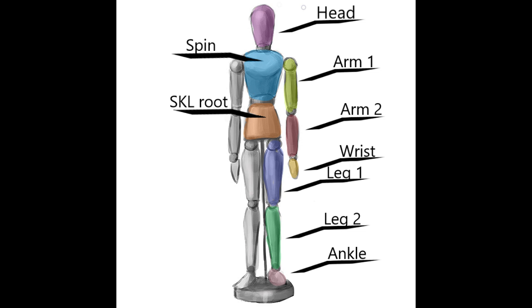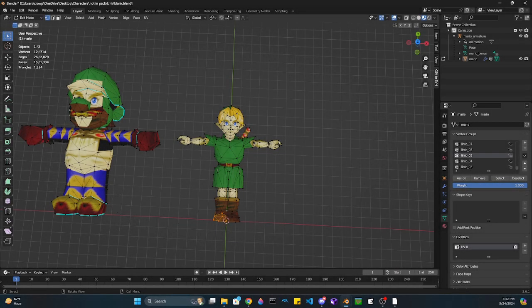So this is going to be ankle. In Double Dash, the ends like this is going to be your wrist, and then this is going to be your ankle. They don't actually have the next bone. Okay, this is going to be our SKL root, so we're going to assign it to SKL root.